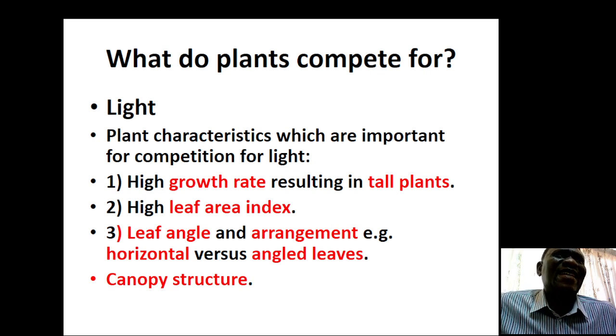That plant is able to be highly competitive in terms of light. So usually we talk of a canopy structure which can allow light to pass through, or a canopy structure which can create a lot of shade and prevent light capture.